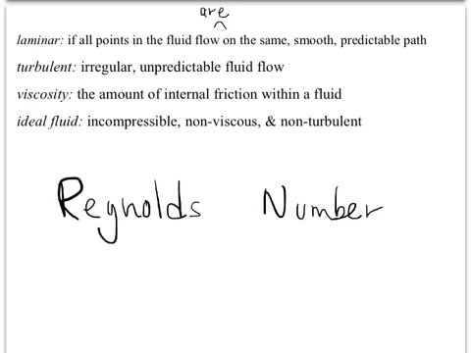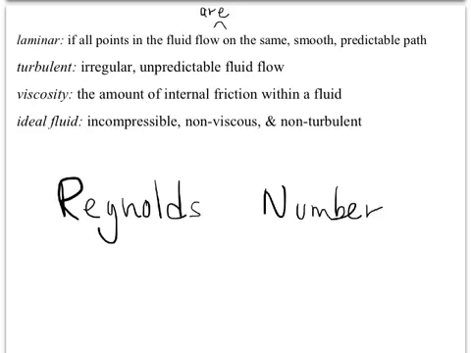And before, what did I tell you? Irrational and rational was the difference between turbulent and laminar. So when I think of Reynolds number, it's the number that's going to tell us whether it's laminar or turbulent. Based on the Reynolds number, if it's a low Reynolds number, write this down: a low Reynolds number indicates laminar flow.